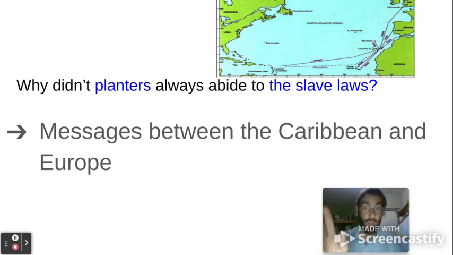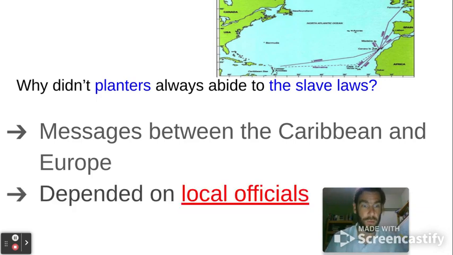This was thousands of miles, and back then there were no airplanes, no internet, so communications were very difficult. So sometimes the king of Spain, for instance, or the king of Britain could say one thing, but when it would arrive in the Caribbean, the situation would have drastically changed. So it was very difficult.